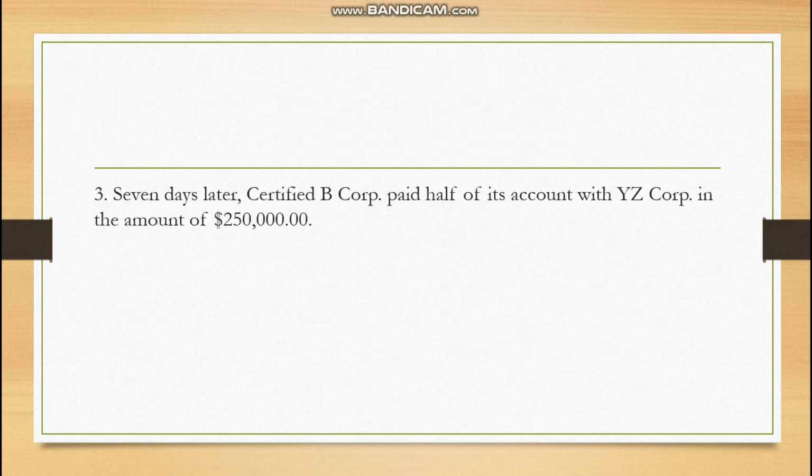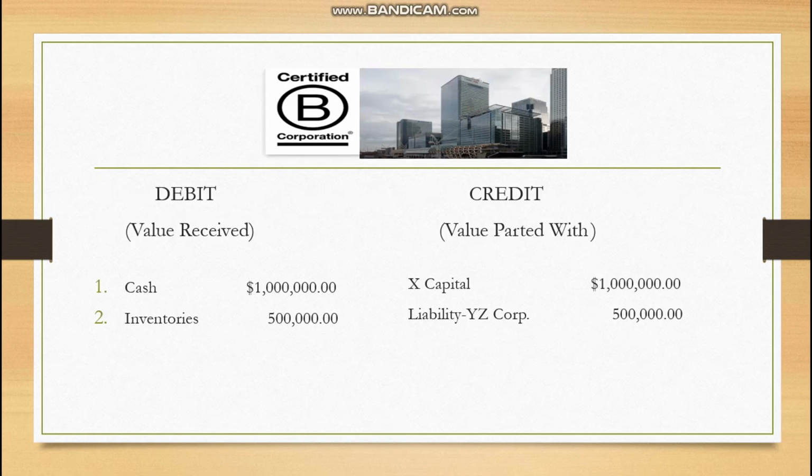So, 7 days later, Certified B Corporation paid half of its account with YZ Corporation in the amount of $250,000. The entry would be debit liability YZ Corporation $250,000. By debiting liability YZ Corporation, this means that you are reducing the original amount of $500,000.